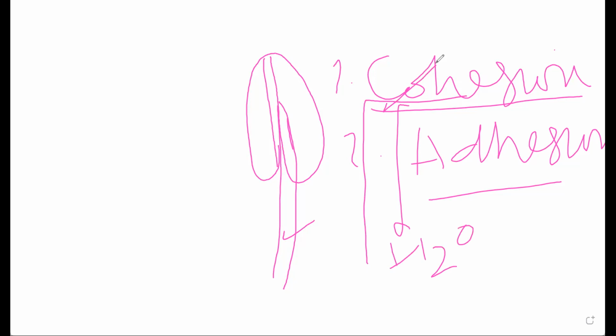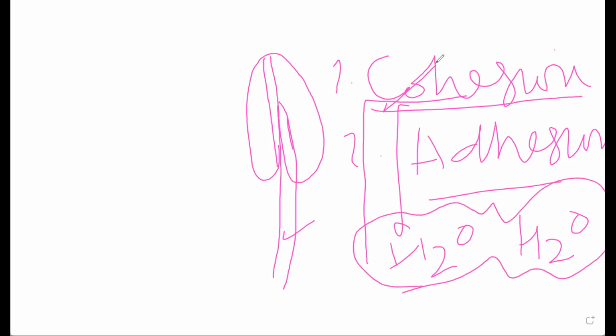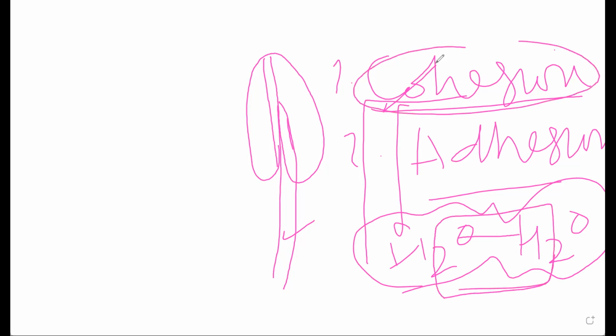One water molecule is linked to another water molecule through hydrogen bonds. So it is the bond between similar molecules. When similar molecules are attached to one another, the forces are called cohesive forces, and the process is called cohesion.